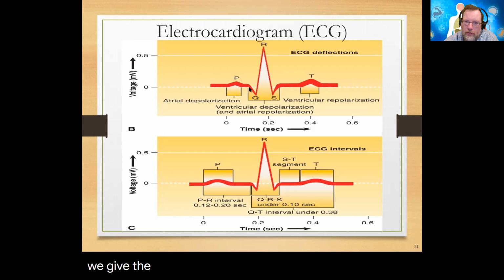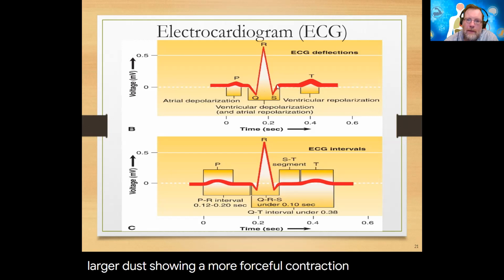Then we give the ventricles a strong jolt, bzz, okay, and then we get the ventricles to contract with force to eject blood out to the lungs and certainly out to the body. So again, we see that QRS wave much larger, thus showing a more forceful contraction. Okay. So anyways, that contraction is occurring here. And then after the contraction, the ventricles are getting stabilized again.